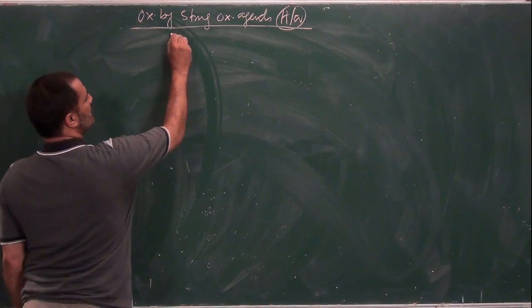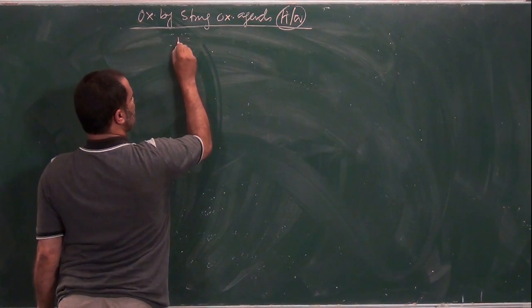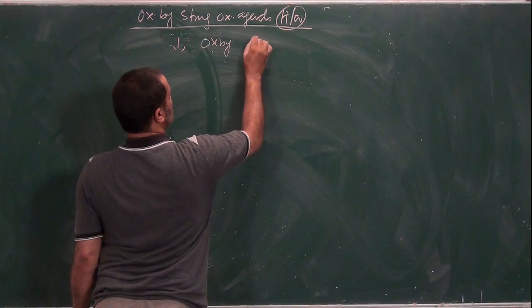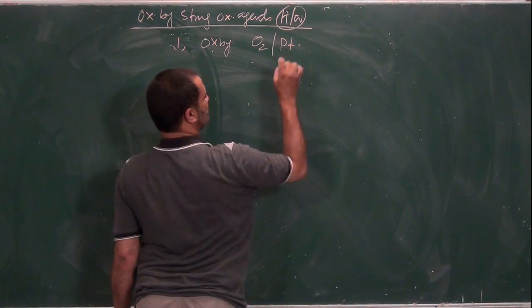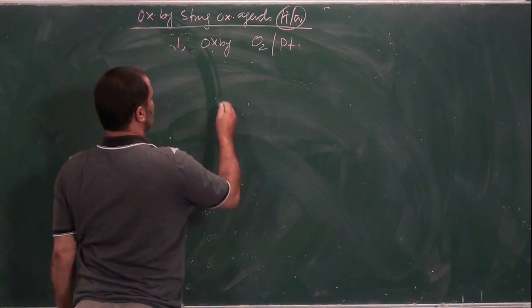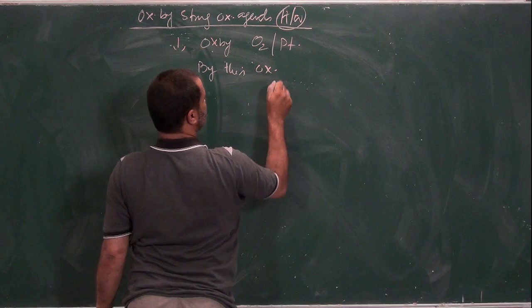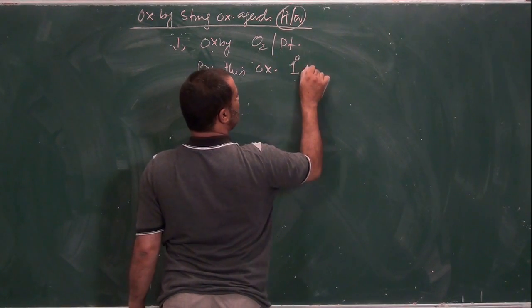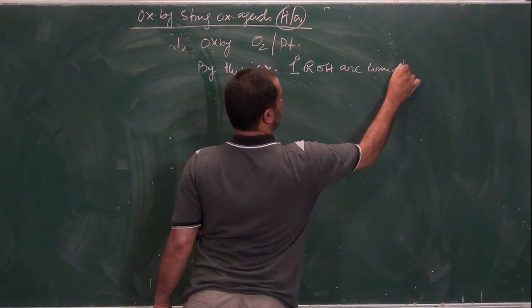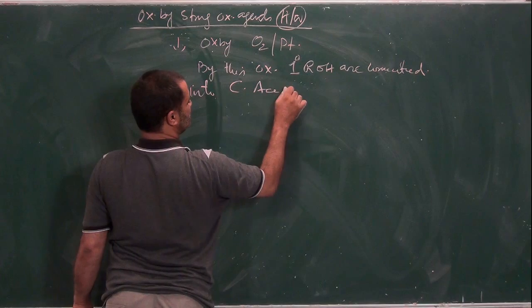Now, miscellaneous oxidations. Number one, oxidation by O2 in platinum. By this oxidation, primary alcohols are converted into carboxylic acids.